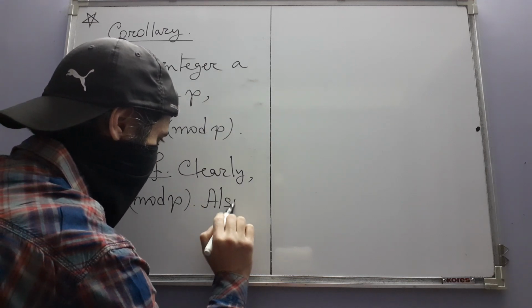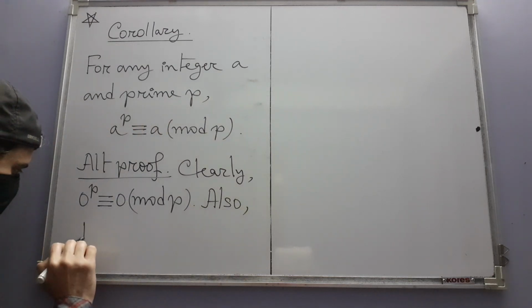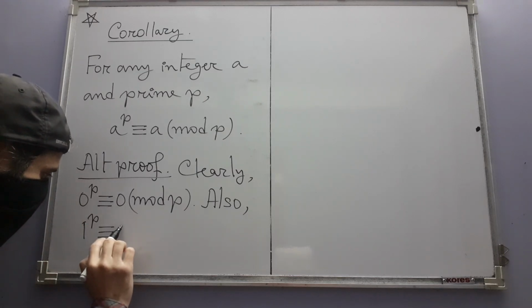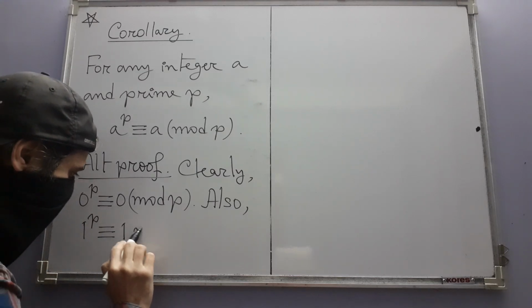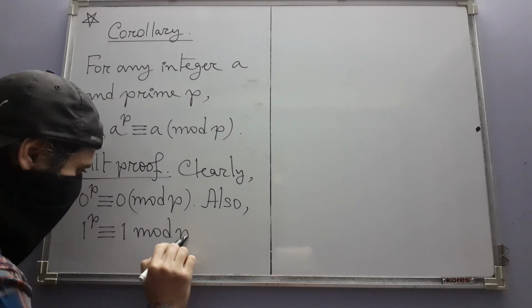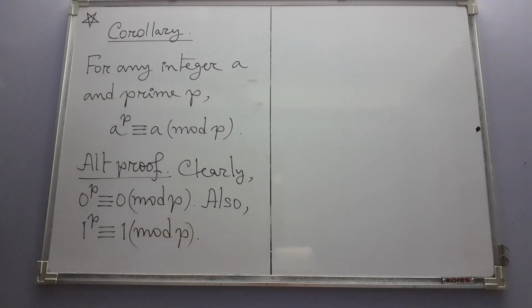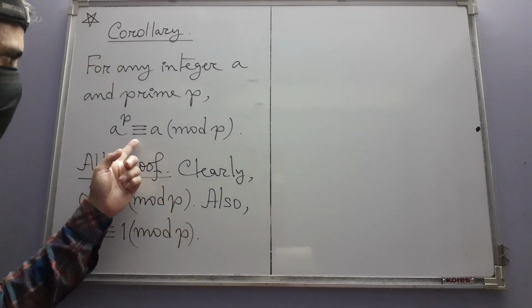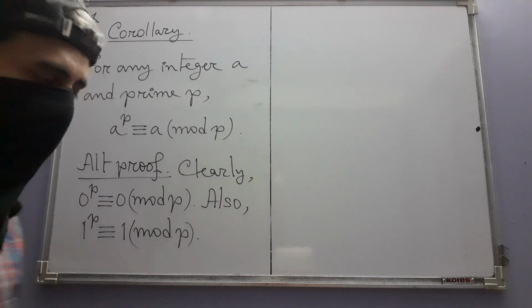Also, 1 to the power p is equal to 1 and hence it's also congruent to 1 mod p. And this becomes a basis for our induction for proving this when a is a positive integer.